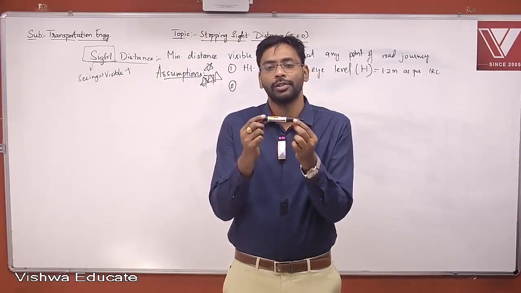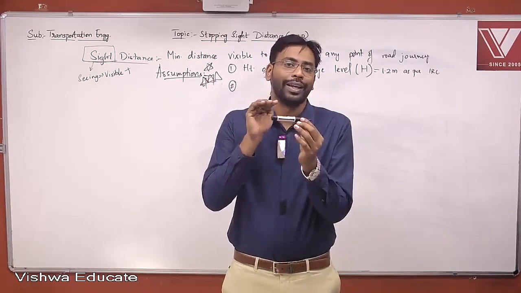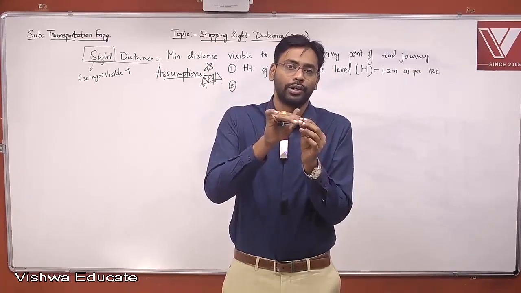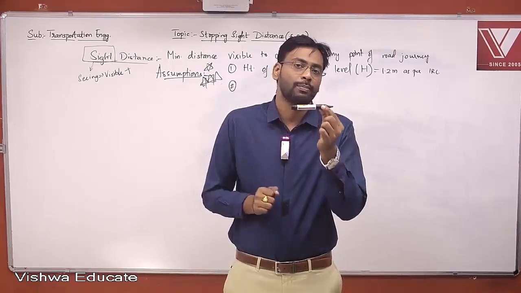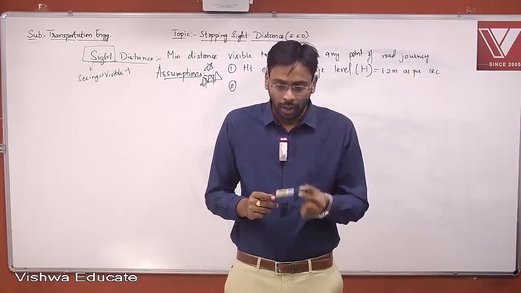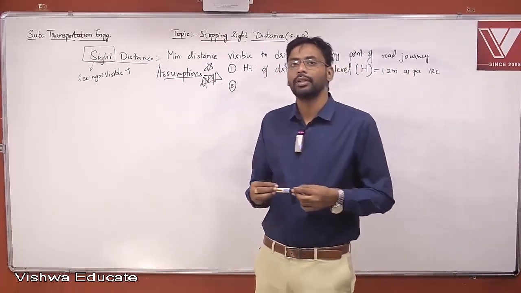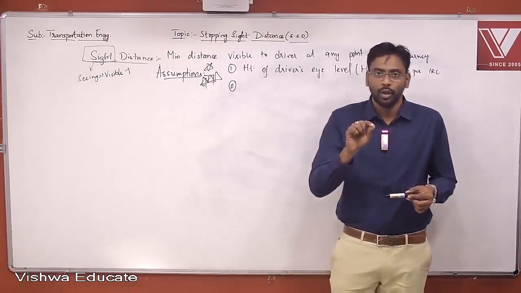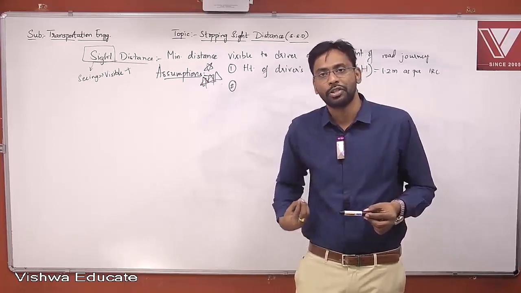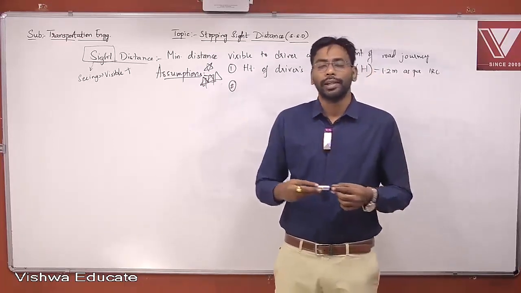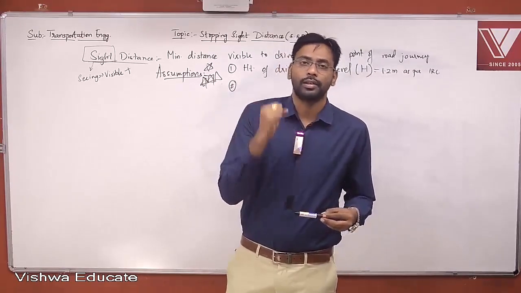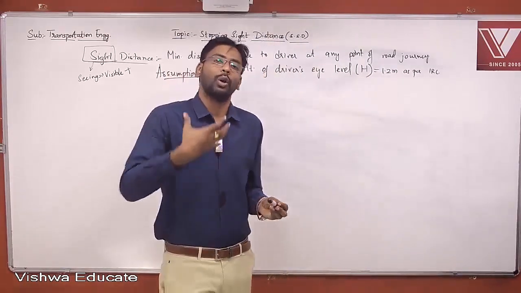Because your vehicle can easily move over it, climb over it. So this pen is not an obstruction for you. What is an obstruction? Any object over which your vehicle can't climb, can't move, can be called an obstruction, right? So what is that height over which your vehicle can't climb?